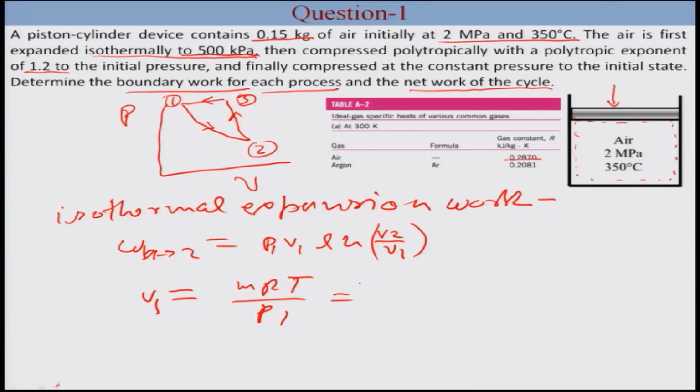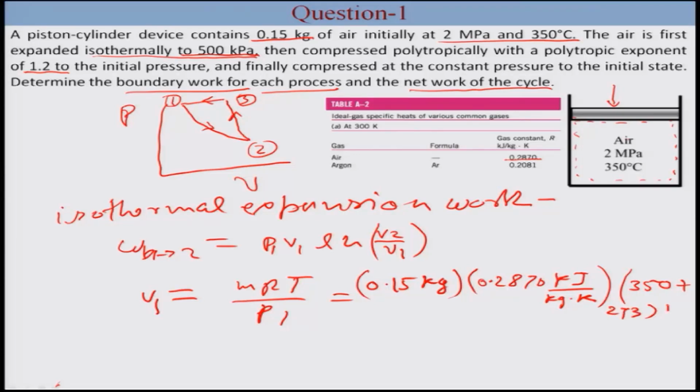So mass of air is 0.15 kg. Gas constant can be taken from this table, which is 0.2870 kilojoule per kg Kelvin, and temperature is 350 plus 273 Kelvin, divided by total pressure, which is 2000 kilopascal.